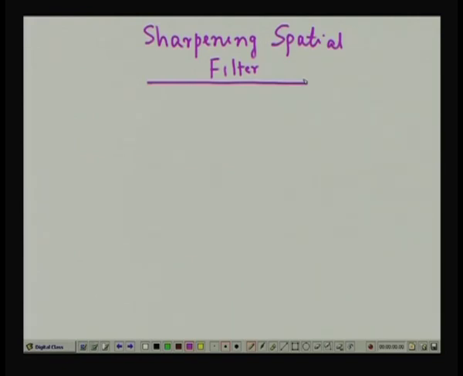So, the objective of this sharpening spatial filter is to highlight the details, the intensity details or variation details in an image. Now, through our earlier discussion, we have seen that if I do averaging or smoothing over an image, then the image becomes blurred or the details in the image are removed.